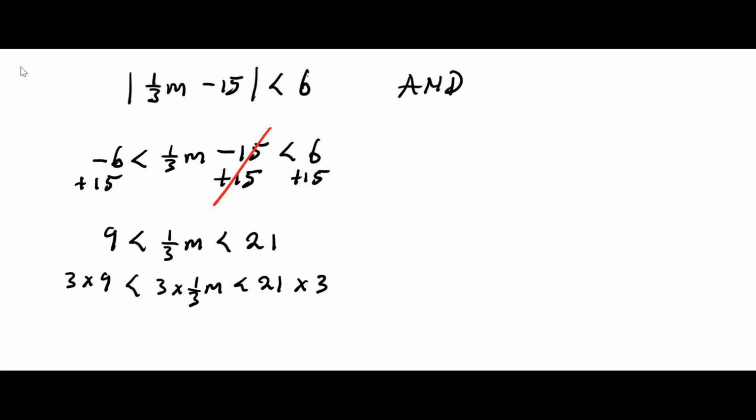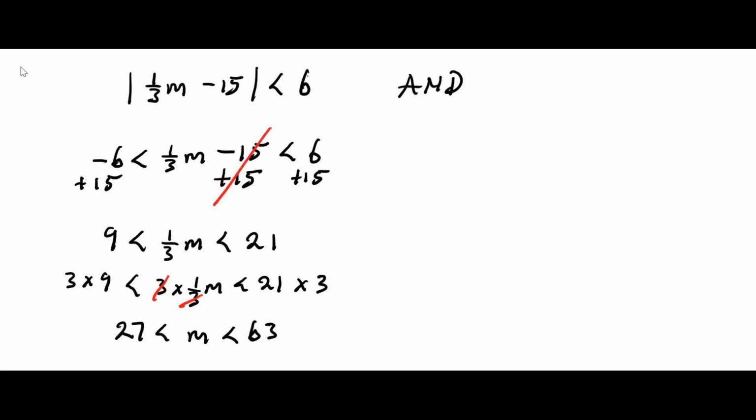So once you do that, 3 would cancel 3 from here, and 3 times 9 is 27, is less than m less than 63. So this is the solution to this question.